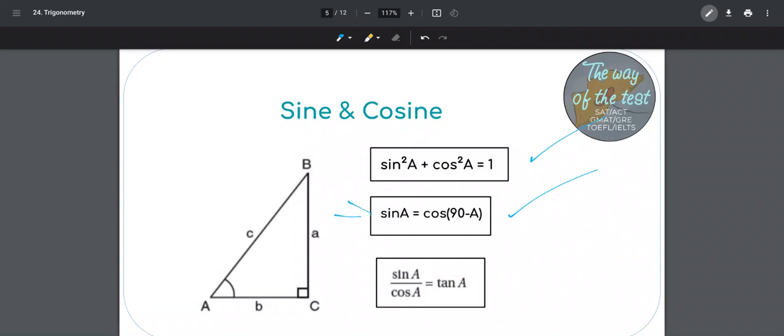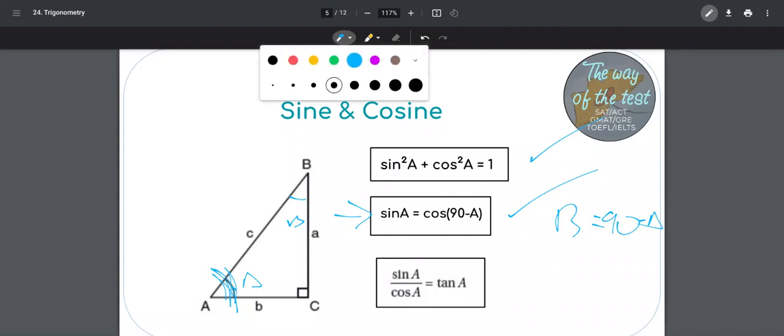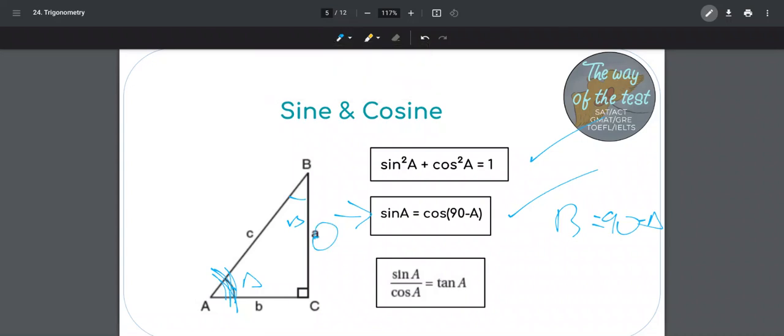We're going to start by explaining this. Sine of an angle is equal to cosine of the complementary angle. Well, yeah, because if you think about it, this is angle A and this is angle B, right? And B is 90 minus A. And sine, from the point of view of angle A, the blue angle, is opposite over hypotenuse, right? So sine of A is a over c.